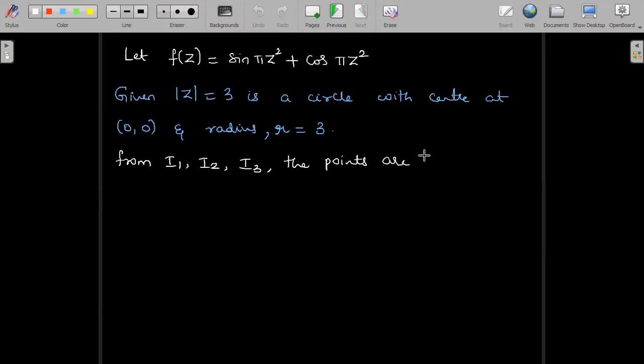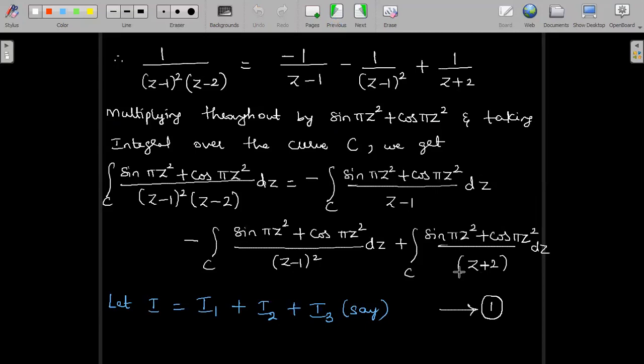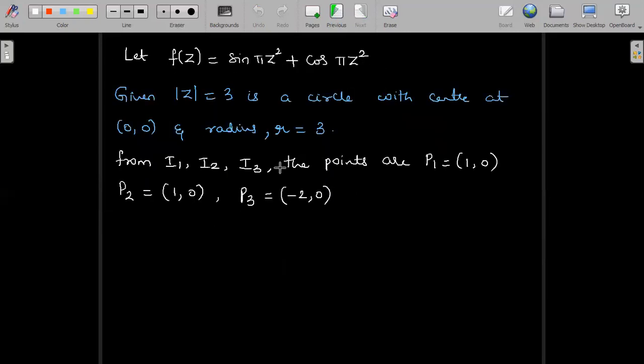So I am writing directly P1 is equal to 1, 0, P2 is equal to 1, 0, P3 is equal to minus 2, 0. How is it minus 2? This is z minus a, so a is equal to minus 2. Hence the point is minus 2, 0 in terms of coordinates. So the points are 1, 0, 1, 0 and minus 2, 0.